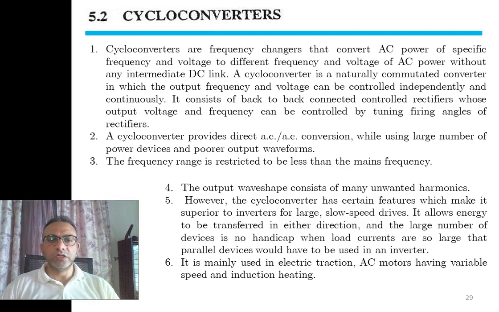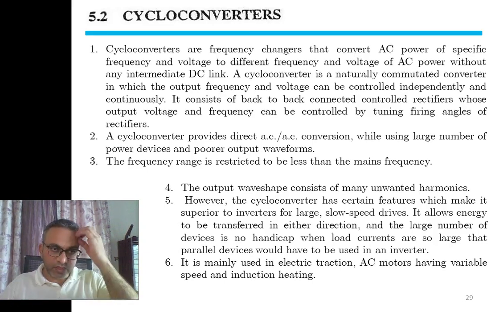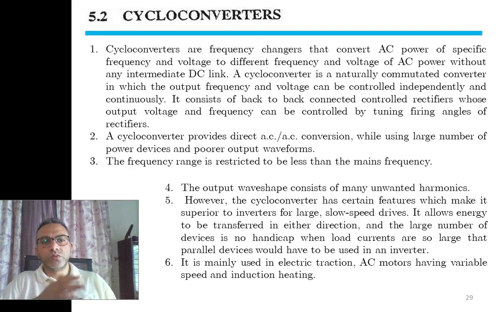It allows energy to be transferred in either direction, and the large number of devices is no handicap when load currents are so large that parallel devices would have to be used in an inverter. So this is one inverter that provides large power instead of small inverters connected in parallel delivering large sums of energy.